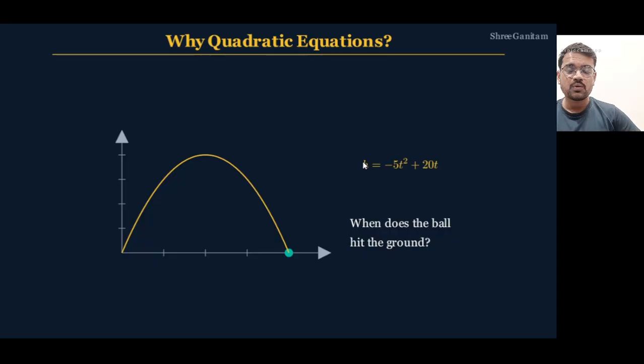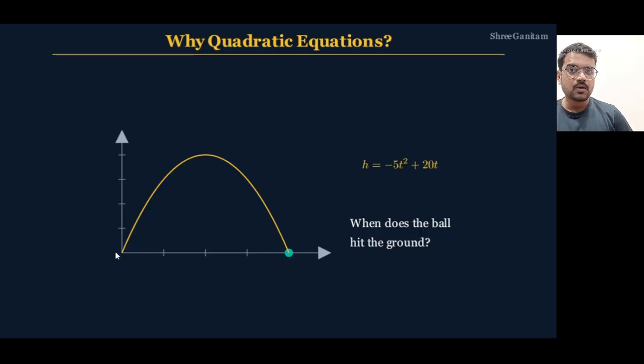To solve this, we have to solve this equation, and it is nothing but the height being 0. When the ball touches the ground, height becomes 0. It's obvious. So we put h equal to 0 and find the time t, and we are going to learn exactly that in this chapter.